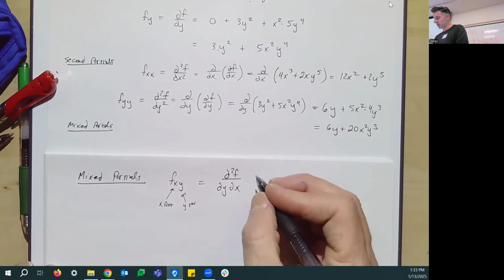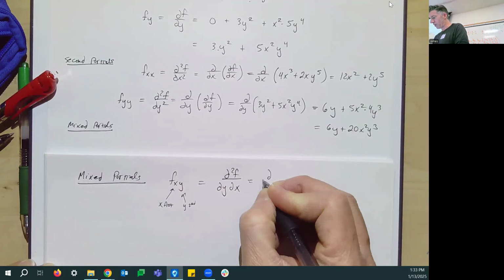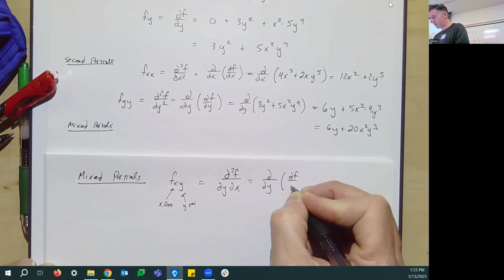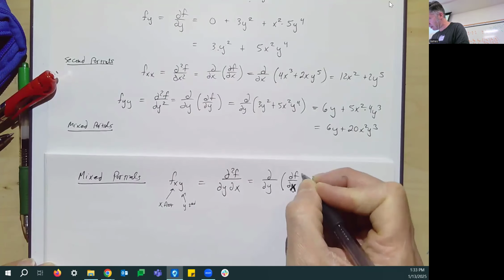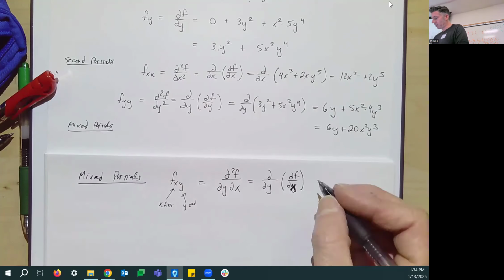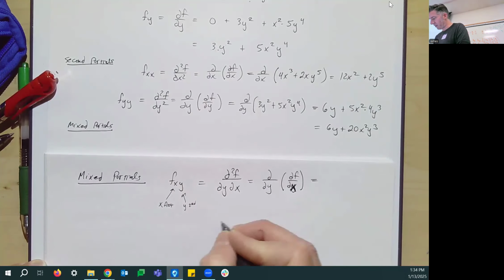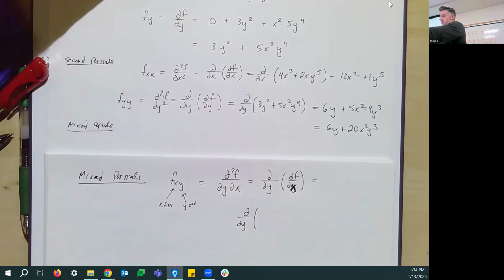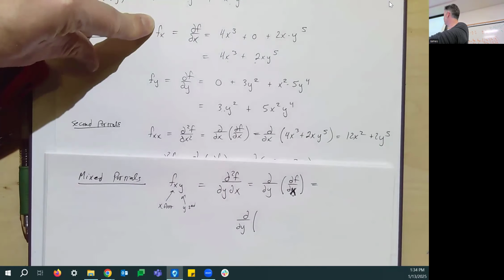Because what this really means is it's the partial with respect to y of the partial with respect to x. Sorry about that, you have to write the right letters if you want to get the right point across. So this means the derivative with respect to y of the partial with respect to x that we found way up here.